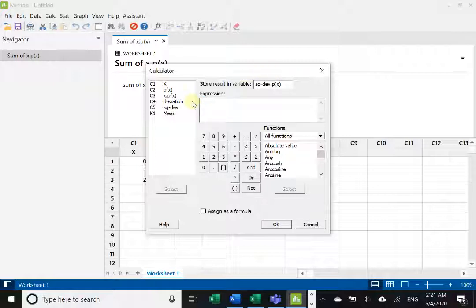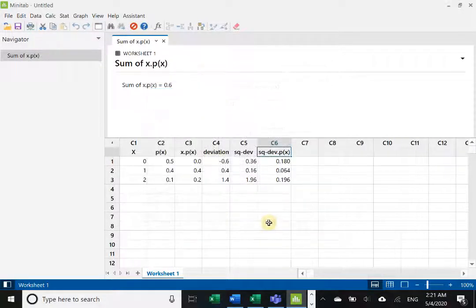And for this one, we've done square deviations multiplied by probability of X. There you go, and hit OK. So there you go, we have a square deviation px. If you add these up, that's actually going to be the variance, right, if we sum these up.